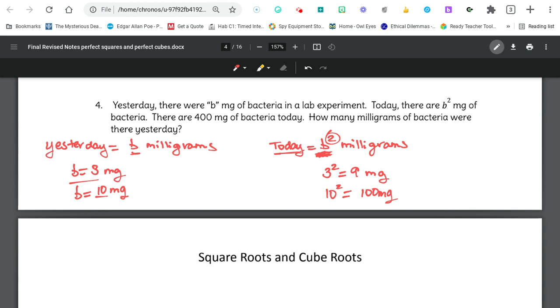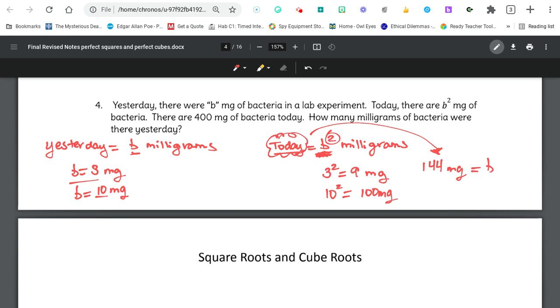But what if you wanted to go backwards? Suppose I gave you how many there are today. Today I'll say there are 144 milligrams. If I'm on today, that's how many there are after they've been squared.